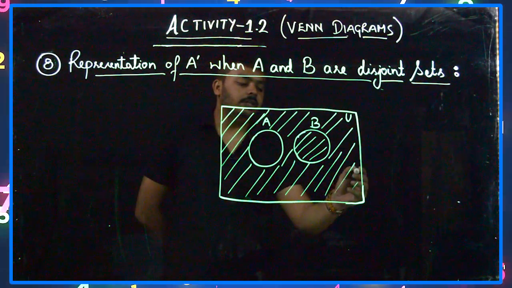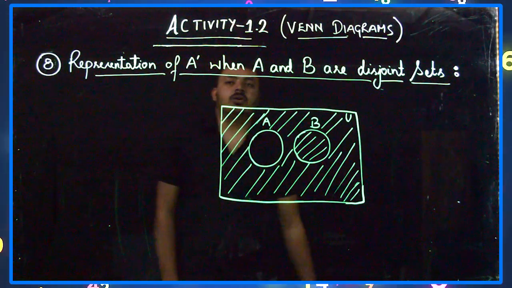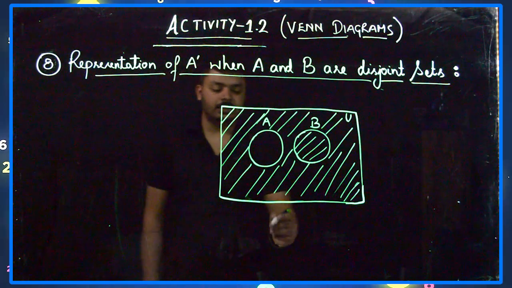So this shaded region represents complement of set A when A and B are disjoint sets.